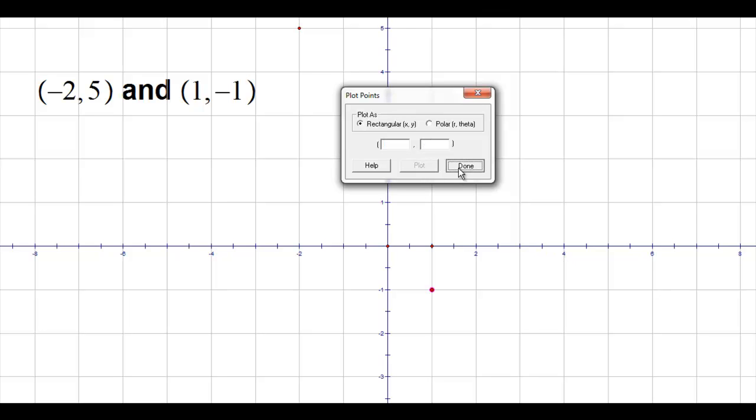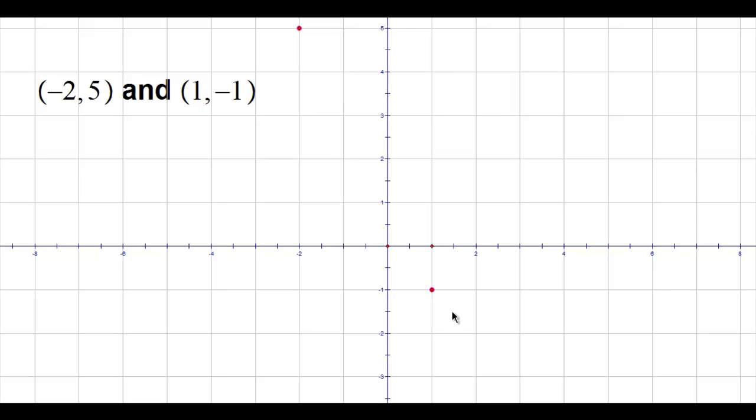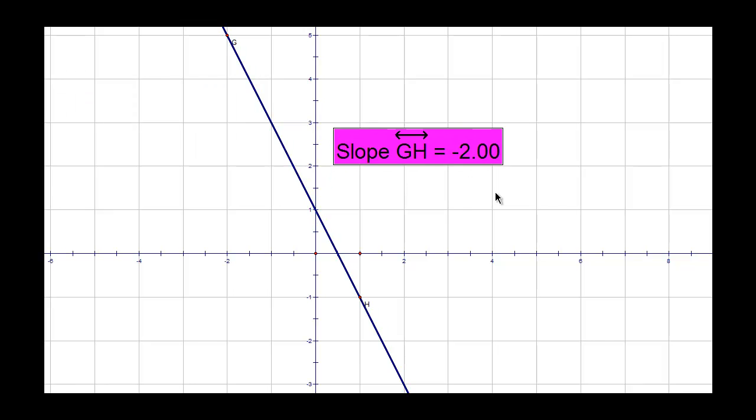Once we have these 2 points, we draw a straight line through them, and this is a line with negative slope. The slope as we calculated is negative 2, and you can see a difference between the line we had with positive slope before and now a line with a negative slope.